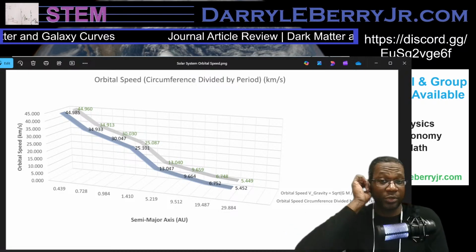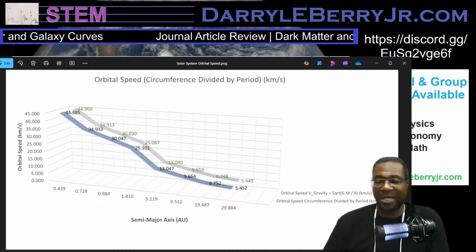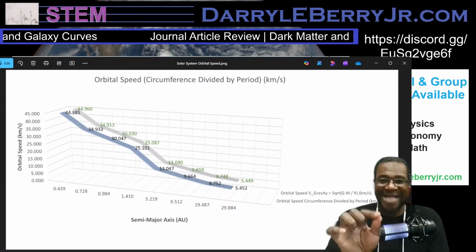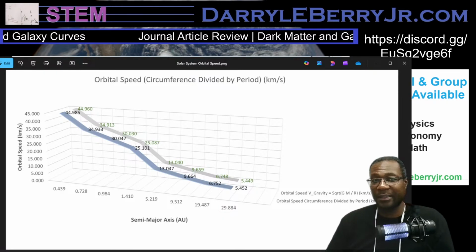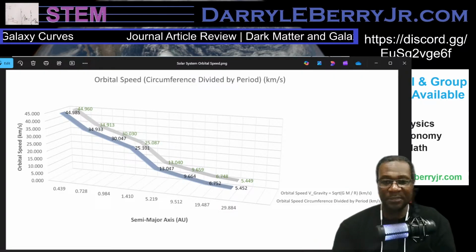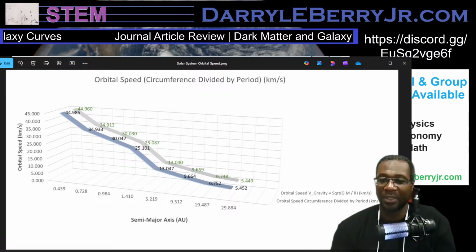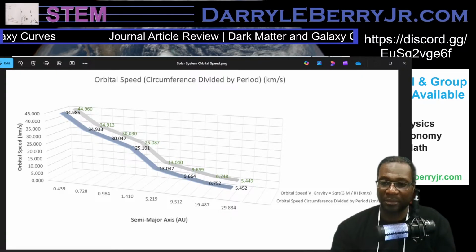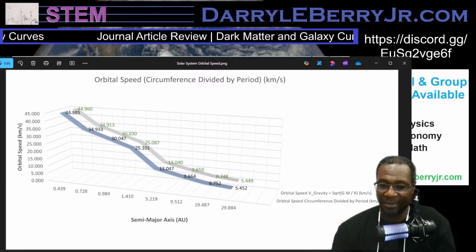The equation I gave you earlier, F equals G m m over r squared, breaks down, and we have to add some kind of scaling factor in there.